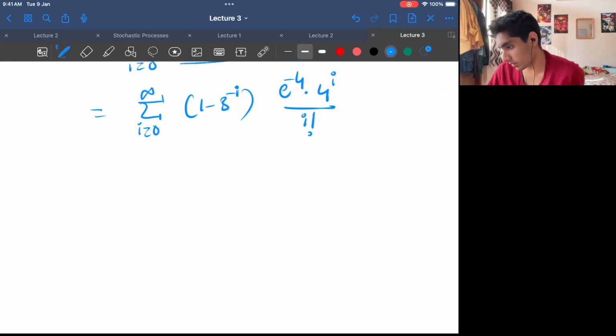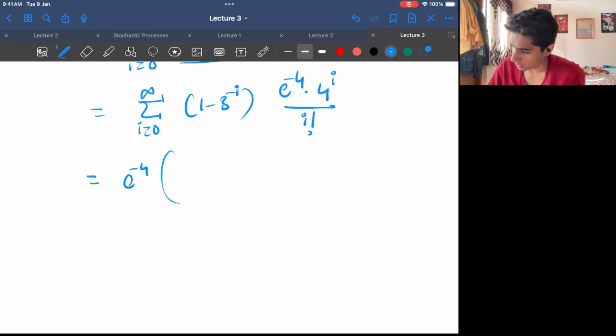So now you have to basically calculate this sum. Can we calculate this sum is the question. I'm not sure. I can try, but I'm not sure if I can calculate. Just let me do it. So e raised to minus 4 is a constant. I can take it out here, right?